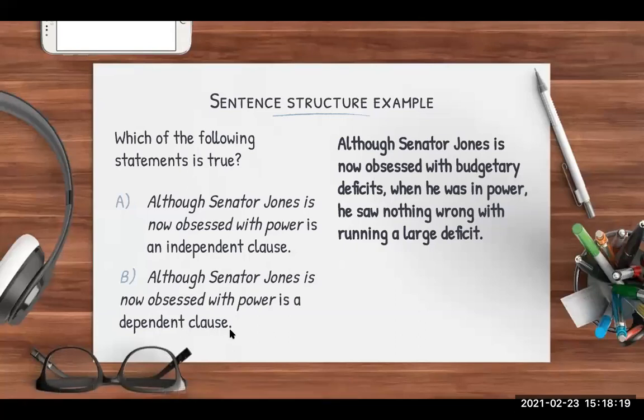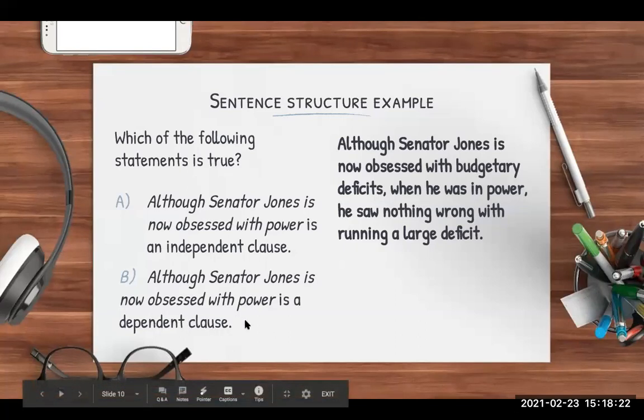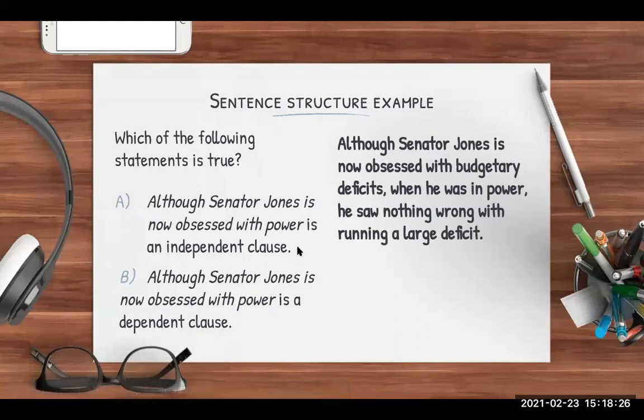The way we can identify whether it's an independent clause or a dependent clause is whether the piece of the sentence can stand on its own. So if you just say, "Although Senator Jones is now obsessed with budgetary deficits" by itself, it doesn't really make a whole lot of sense.